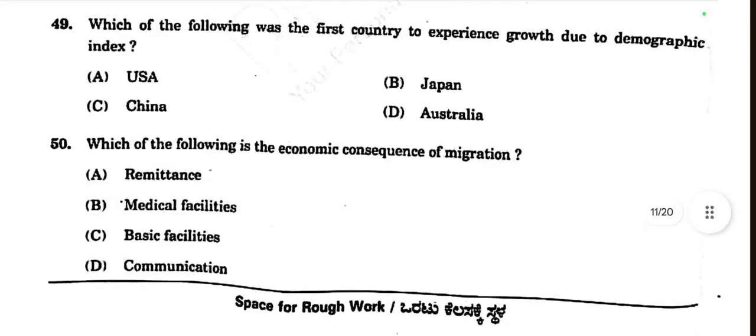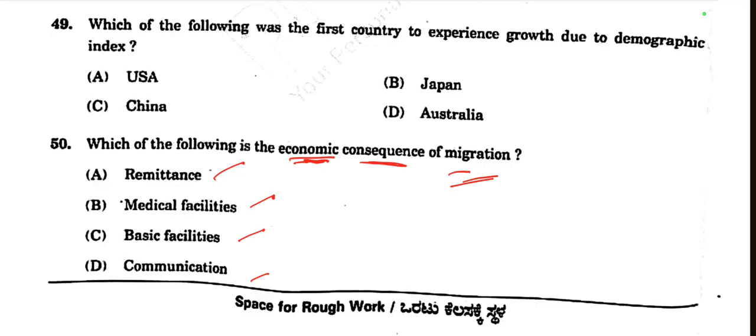Then today's last question, question number 50, which of the following is the economic consequence of migration? First one is remittance, medical facility, basic facilities or communication. These all are the consequences of migration, but we have to find out the economic consequence.